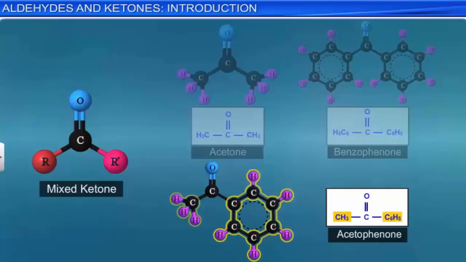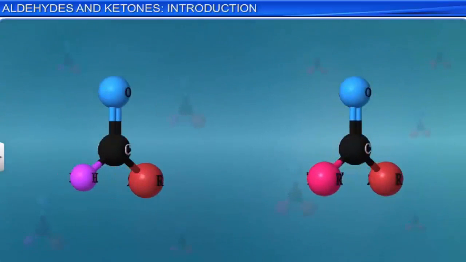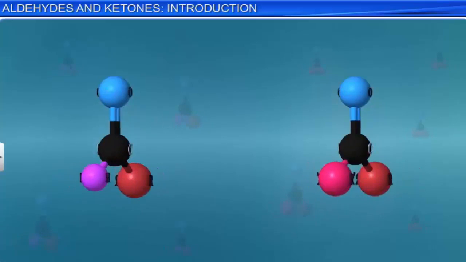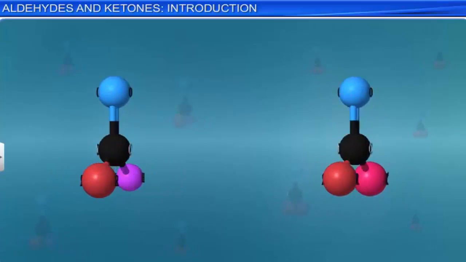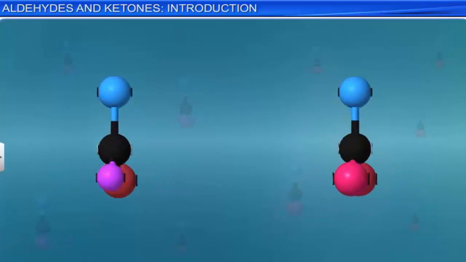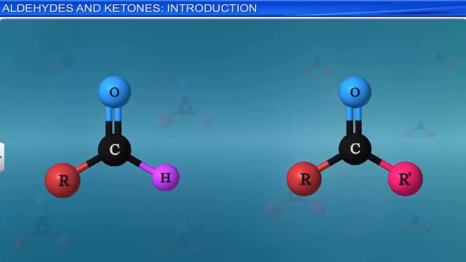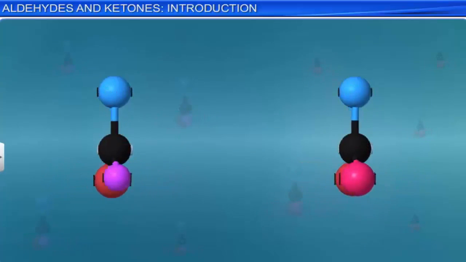Due to this difference in the nature of the groups attached to the carbonyl group in aldehydes and ketones, their reactivity is different. For example, aldehydes oxidize with ease as compared to ketones. Let us now look at the significance of these compounds.